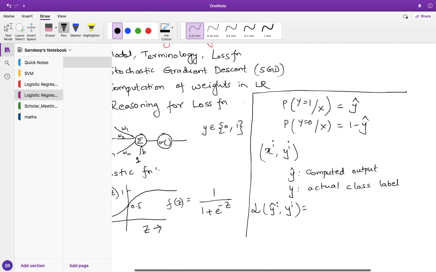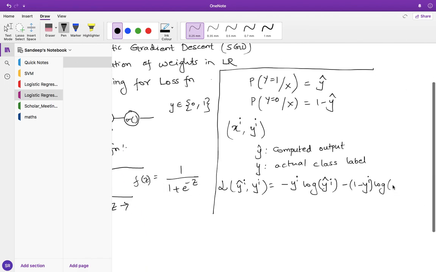So the loss function is something like this. You have minus yi, where i is the ith, I'm just writing it on top, times log of yi cap, minus (1 minus yi) times log of (1 minus yi cap).